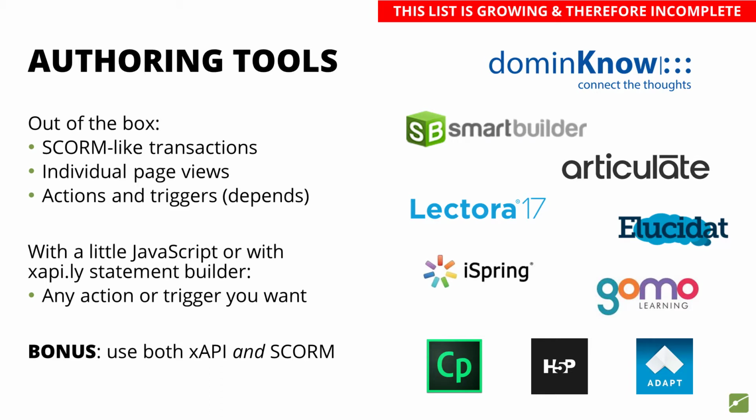Some of them, out of the box, are going to send great xAPI data on everything that happens on a screen, and that's pretty cool. And some you can extend with JavaScript. And so being able to add JavaScript triggers, so when somebody clicks this button, send this data, you can make it work for you.